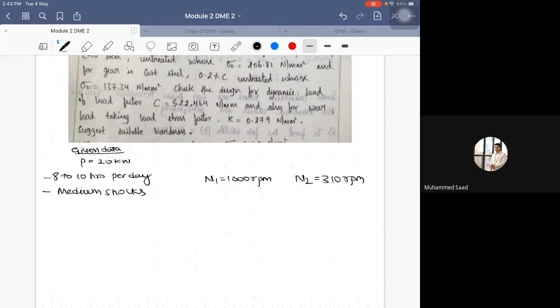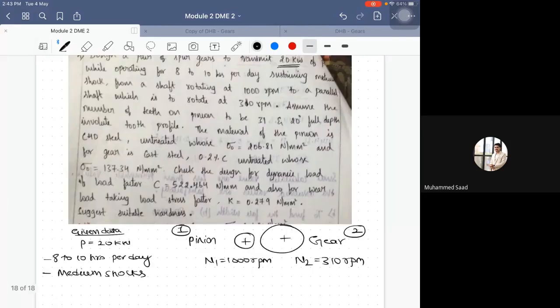So this is a smaller one and this is a larger one. So this is the pinion and this is the gear. I would take this as 1 and this as 2.